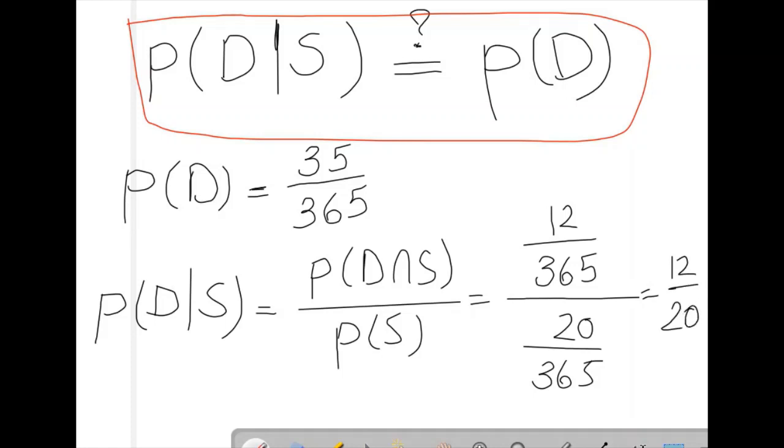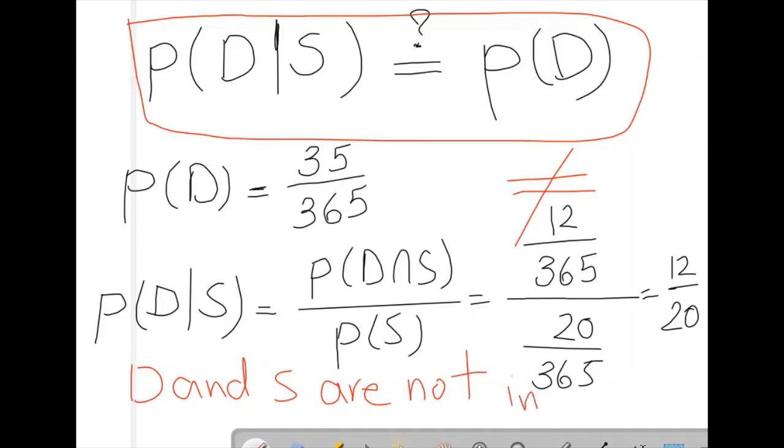You can see that these are not equal. So D and S are not independent. It means they are dependent.